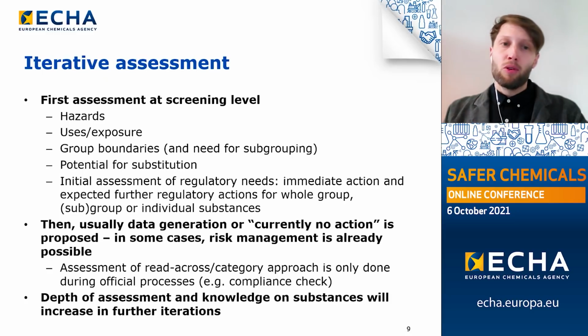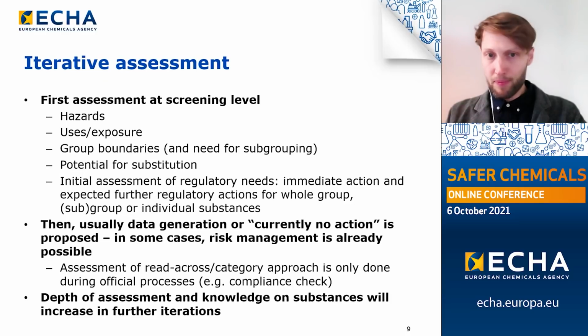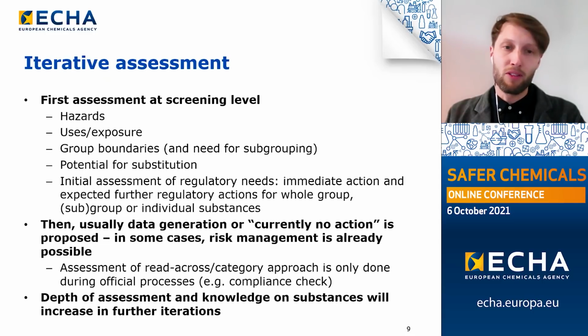In a way, also at the potential for substitution based on this understanding of structural similarity. And after this first screening assessment, the colleagues draw up a report, what we call the assessment of regulatory needs. They define the immediate next action. For example, does the substance need to go to data generation to get more information, or do we move to a risk management action or to no action?